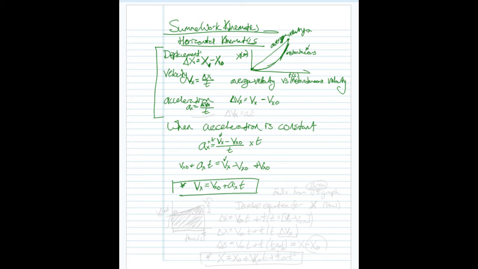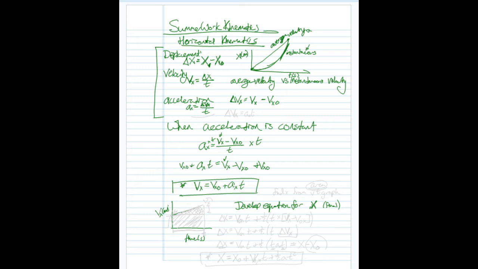The next equation we're going to work on is trying to develop an equation for position, specifically the final position, so that we can figure out where an object is going to be at the end of its motion. Now, there are multiple ways to derive this formula. The easiest, however, is to start with a velocity versus time graph.